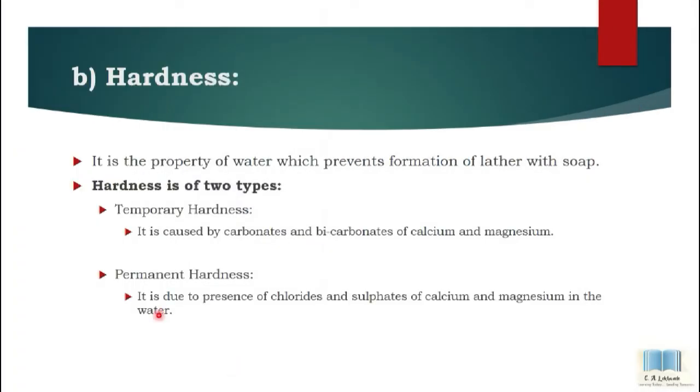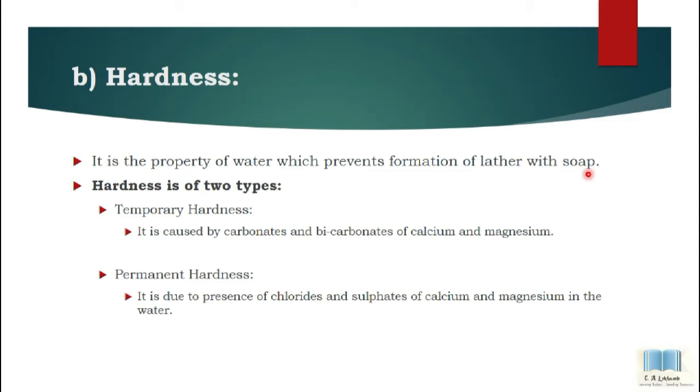Now, the second chemical test is hardness. Hardness is the property of water which prevents formation of lather with soap. Here, hardness means it prevents the formation of the white mass of bubbles produced by washing powder or soap.